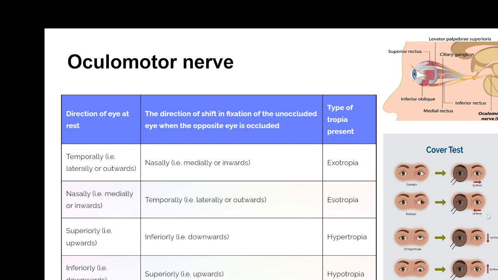Now, these pictures would define that as such. Then when you are attempting to look upwards, if the affected eyeball moves downwards, that is called hypertropia. Or if there is an upward movement when you attempt to look downwards, that's called hypotropia.